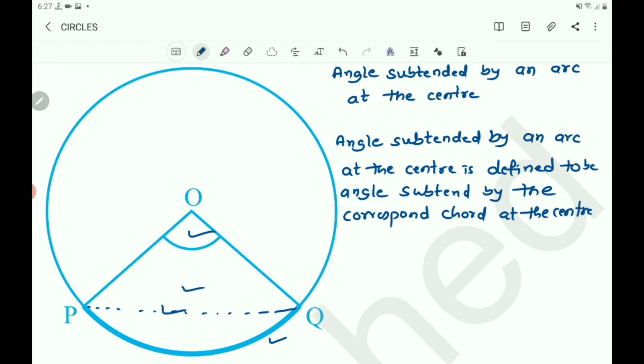Now here PQ is an arc and also PQ is a chord.